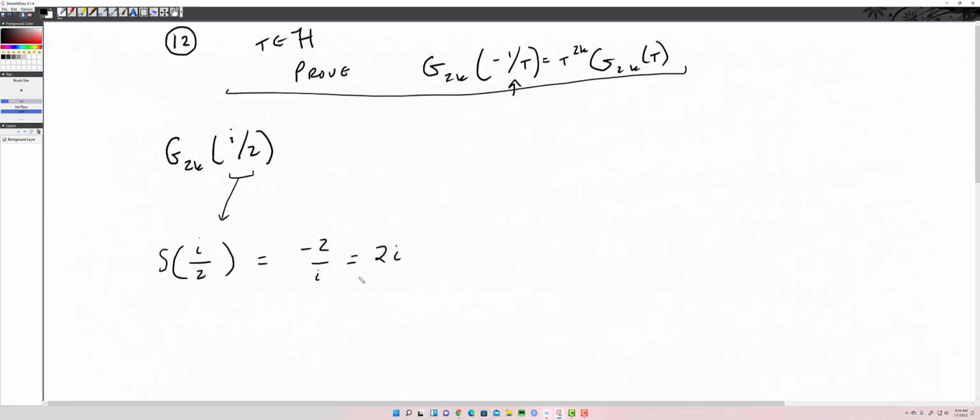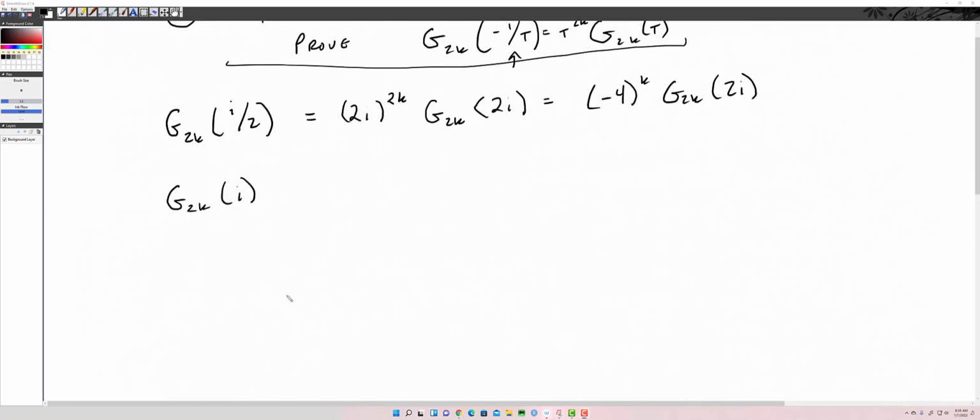And if we're considering 2i to the 2k, right, we can even simplify that further. We can say that that's minus 4 to the k, g2k of 2i.